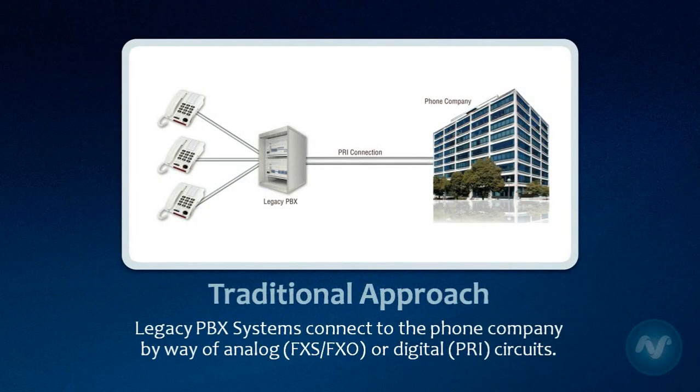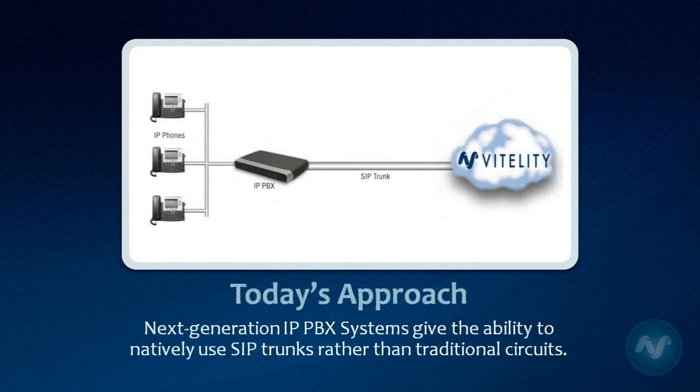So the traditional approach, in the old world of telephony, you have analog phones. You have a legacy PBX, and you connect to your phone company by way of analog or digital circuits, analog FXS, FXO, or digital PRI circuits. In the new world, in today's approach, you're familiar with this, we take IP phones.